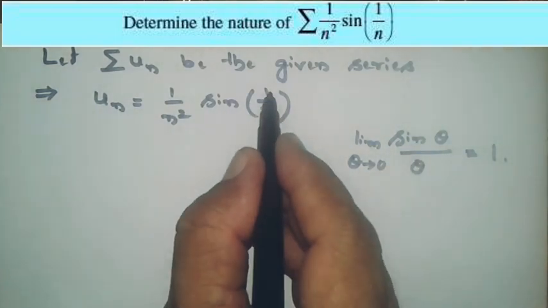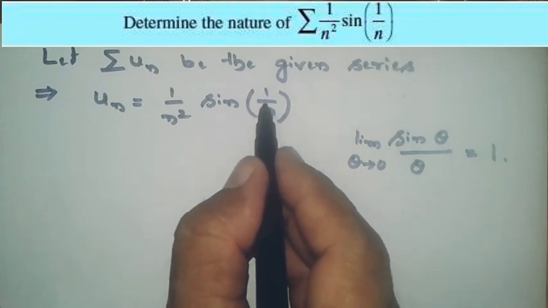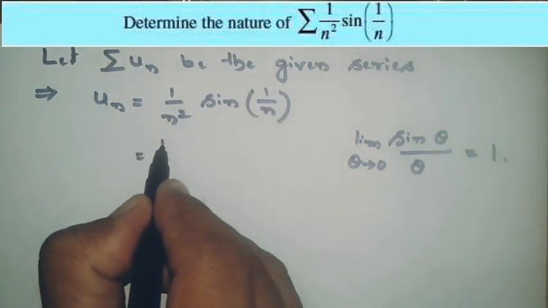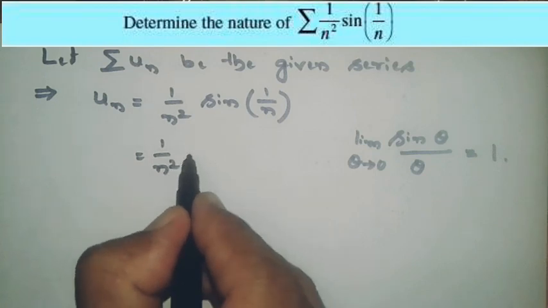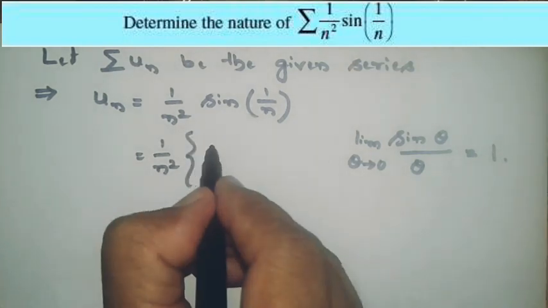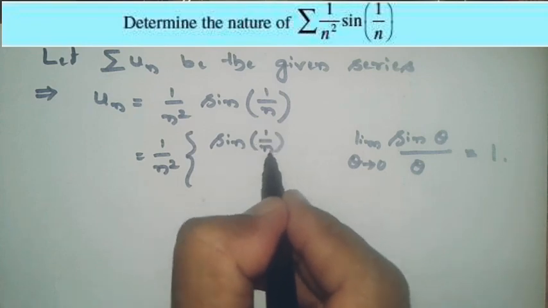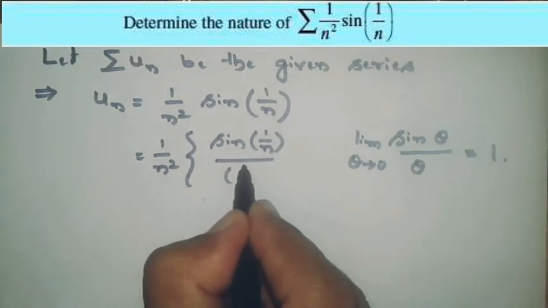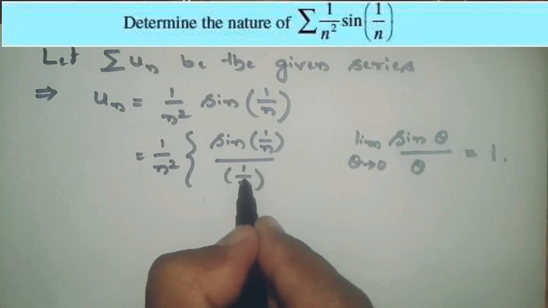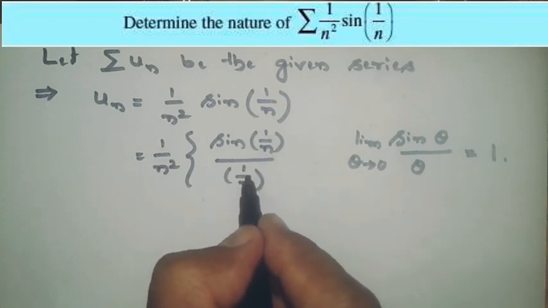So here we are having sine of, this is just like theta. Let us take this term 1 by n square as it is. In the bracket we shall write sine of theta divided by theta, where theta here is 1 by n. Now what I have done, I have divided by 1 by n.